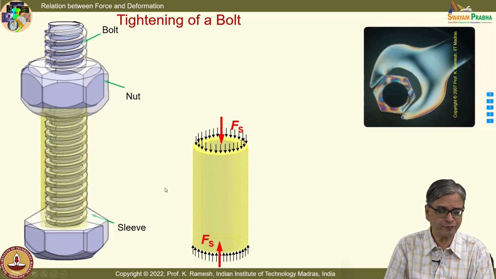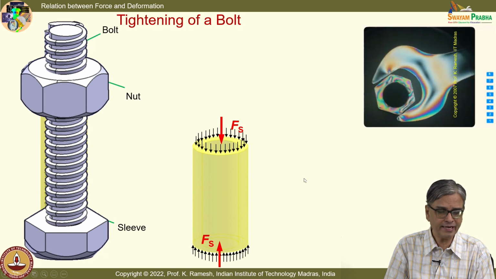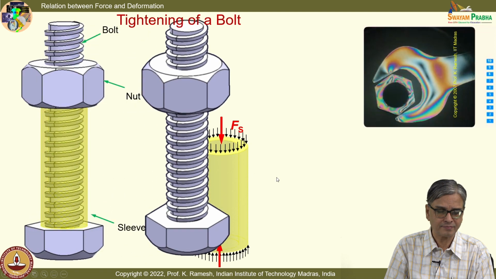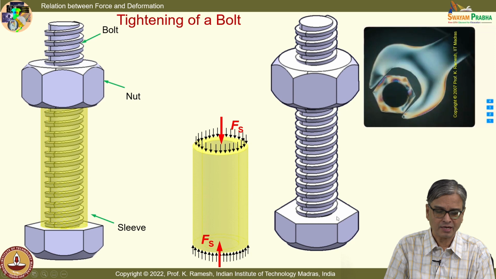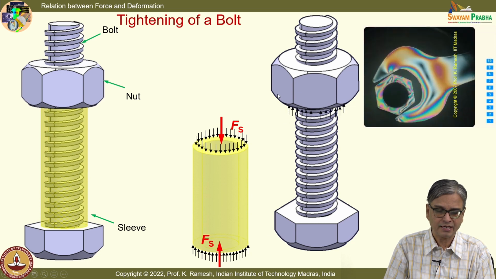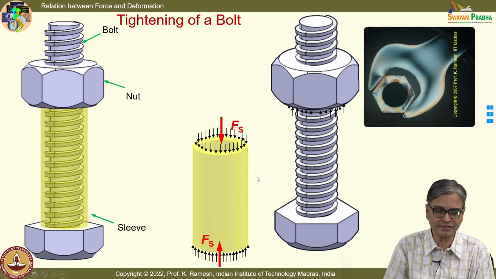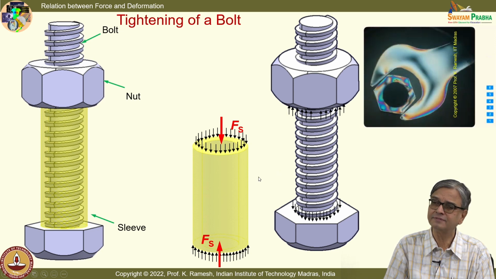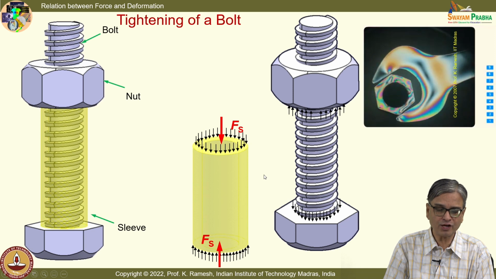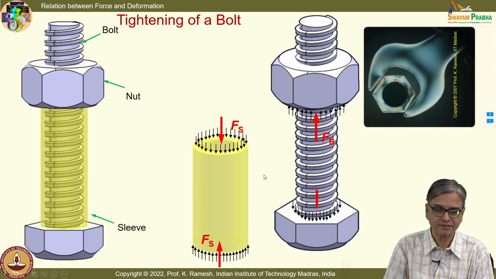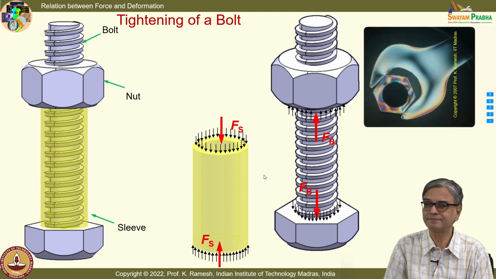You will have forces on the bolt head. I will also have the forces acting on the nut. Fine. And you can also find out the resultant. I would have this as Fb.